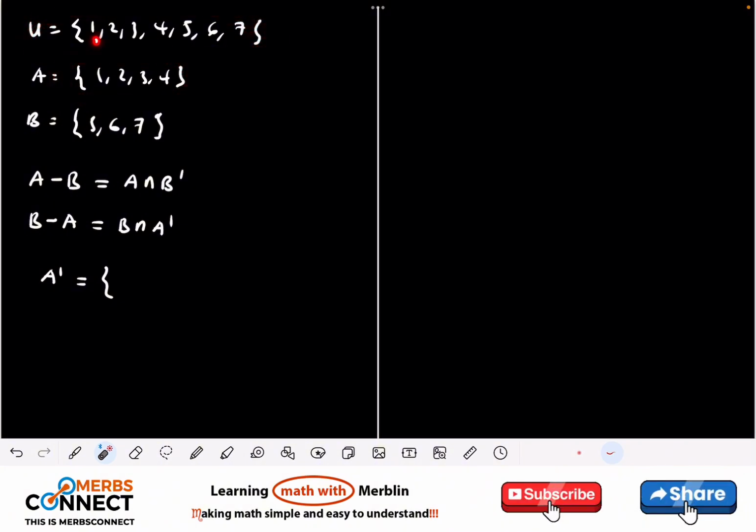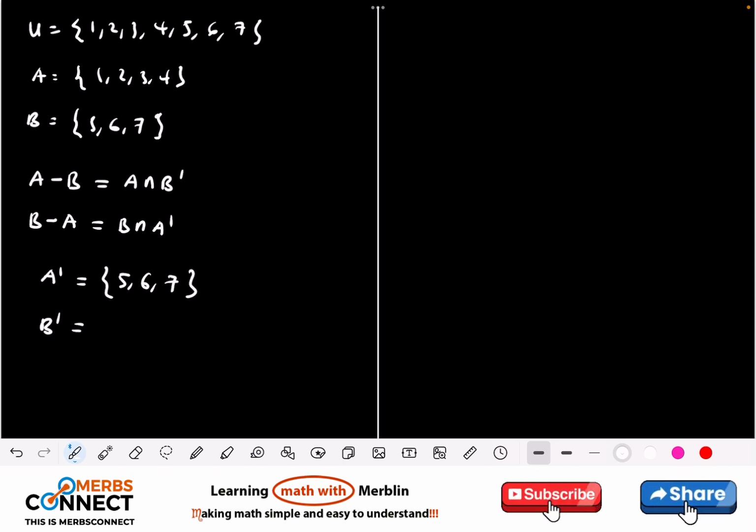You can see that 1 is here, 2 is here, 3 is here, 4 is here. So we have only 3 elements that are in the universal set but not in A. So they become the A complement, right? So we are going to have 5, 6, 7.